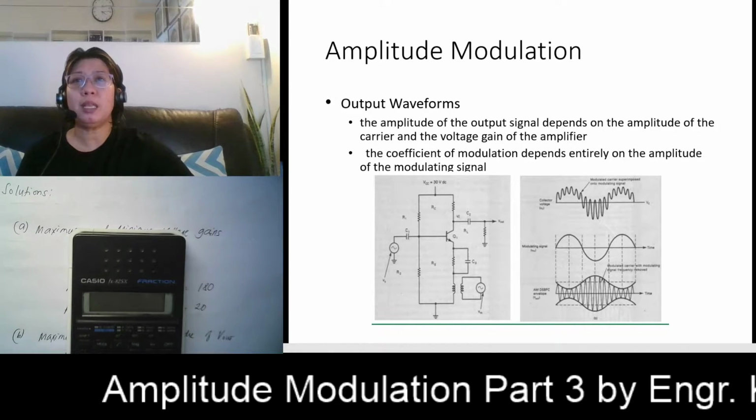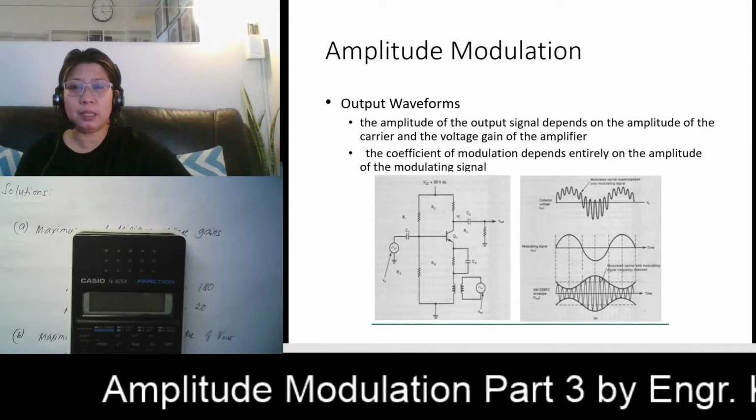So your modulating signal drives your circuit into both saturation and cutoff. Without the modulating signal, this is just linear operation, so you are just operating at the active region of your transistor, depending on the gain of your amplifier here.